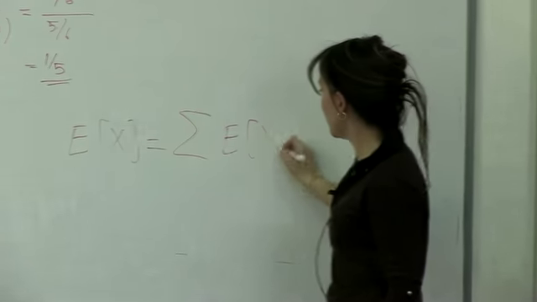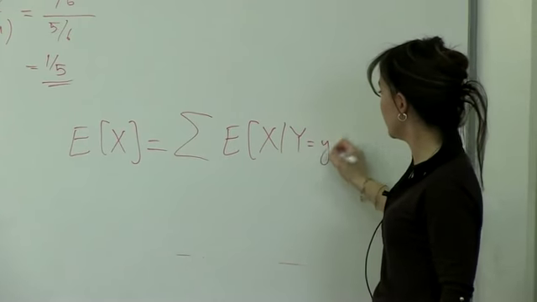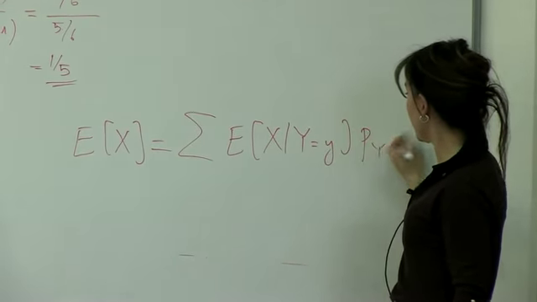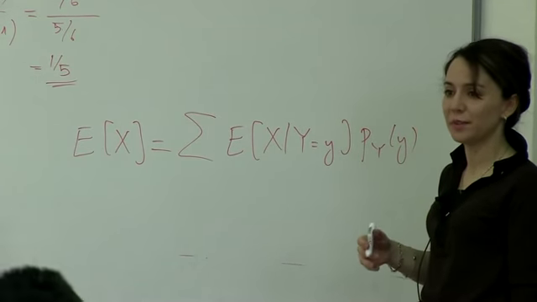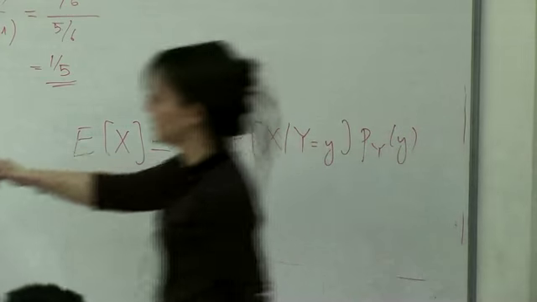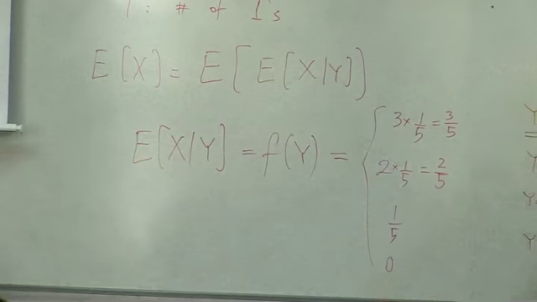Now, final step is finding the expectation of x. The expectation of x is the sum of the expectation of x given y equals y times p_Y of y. In other words, the double expectation here, the expected value of the expected value of x given y.